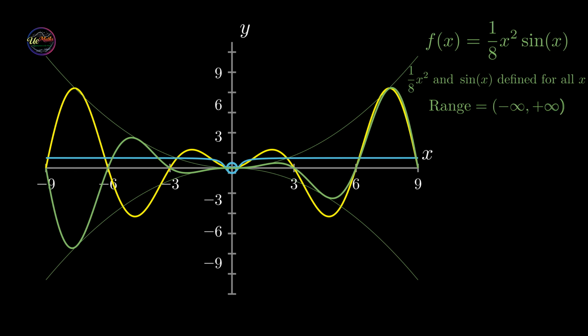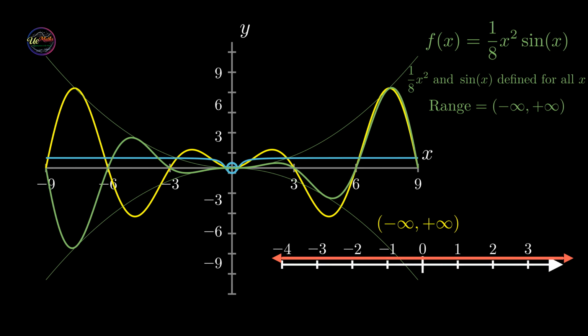For f of x equals 1 over 8 times x squared times sine of x. 1 over 8 times x squared is always non-negative and sine oscillates between -1 and 1. So 1 over 8 times x squared times sine of x lies between minus 1 over 8 times x squared and 1 over 8 times x squared.